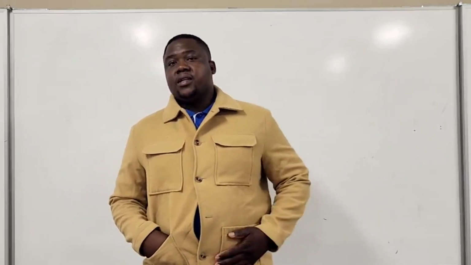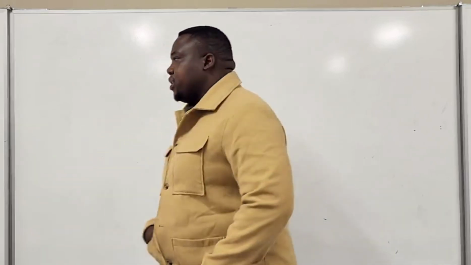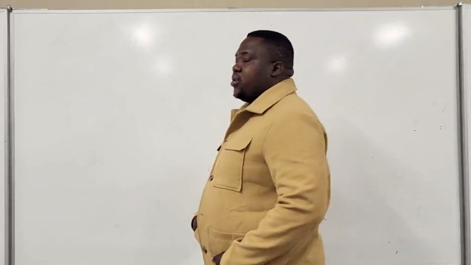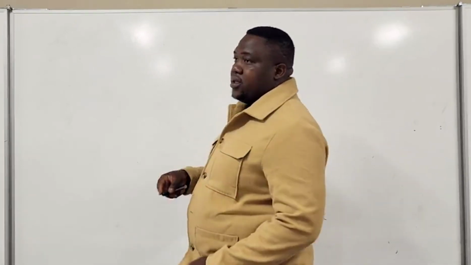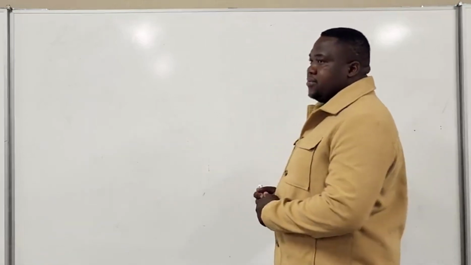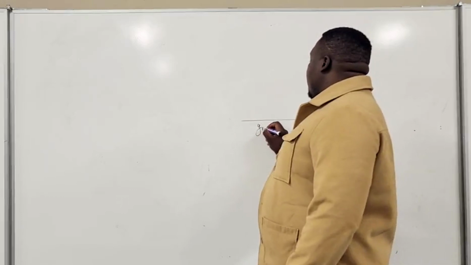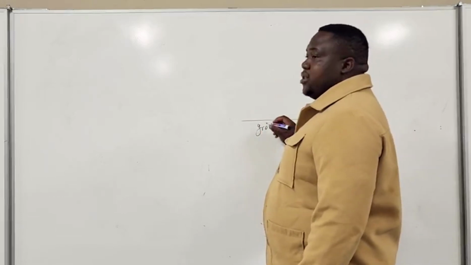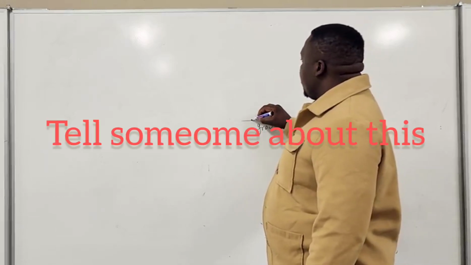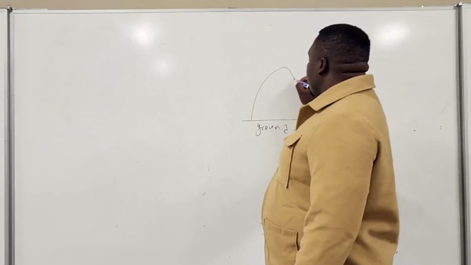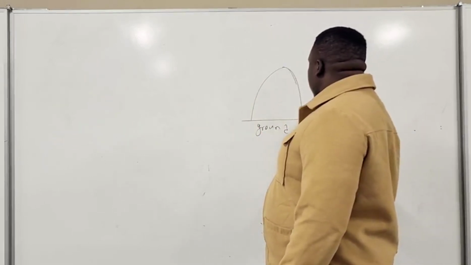position time graph. I will just give you a scenario, then I draw the graph. Let's say this is the person who is on the ground, then the person throws a ball up, then the ball comes down.